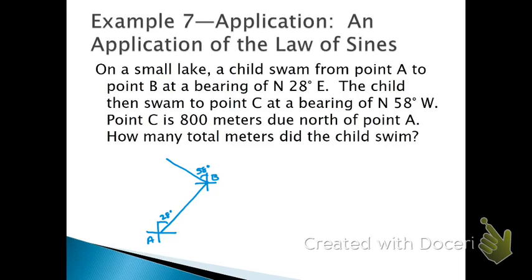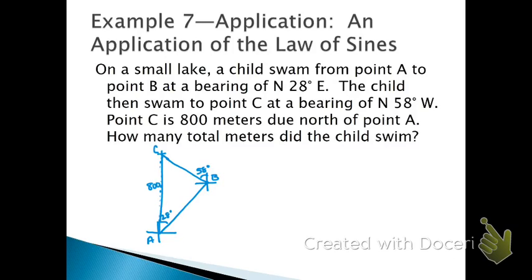So wherever he stops swimming is going to be directly up from point A. So I'm going to extend that a little bit there. So this is my C. This is where he stops swimming. So we know that this third side here is the 800 meters.